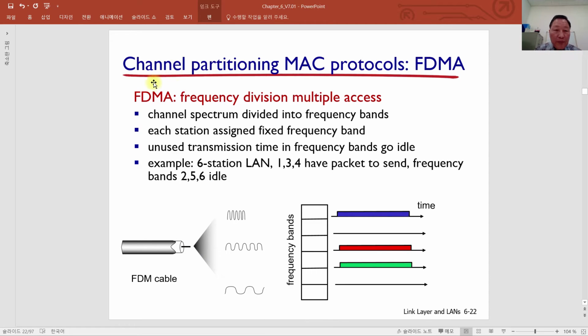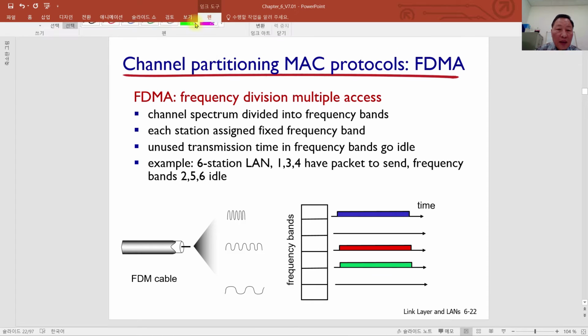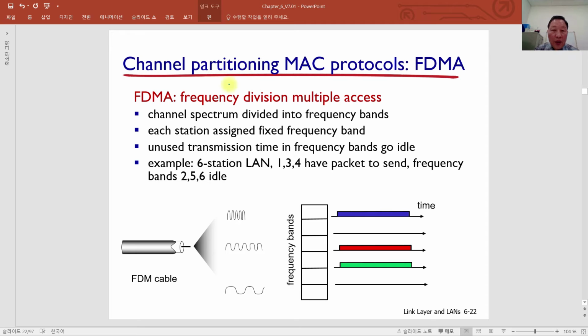Okay, another scheme using frequency division. This one is a channel partitioning media access control protocol. Same multiple access scheme, but based on frequency division.